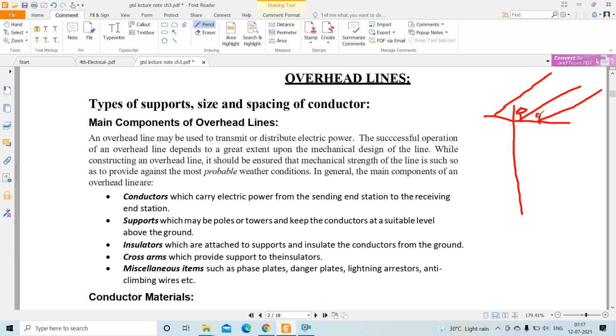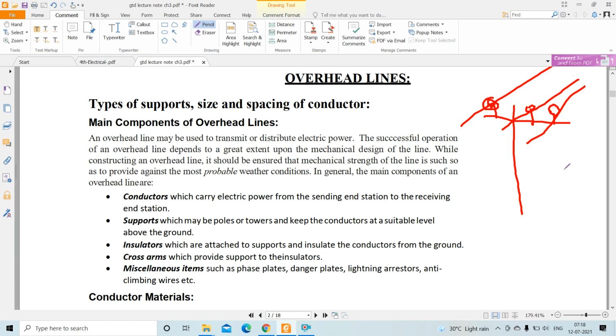So here the main components are conductors, then supports, then insulators, then cross arms and other miscellaneous items.